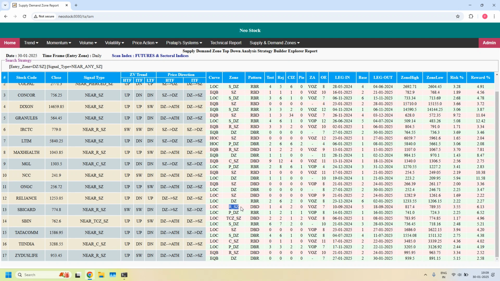SBI Card is having a high liquidity supply zone. TI India is having a high liquidity supply zone, and Zydus Life is having a high liquidity supply zone. So we have identified 6 high liquidity supply zones from this list.